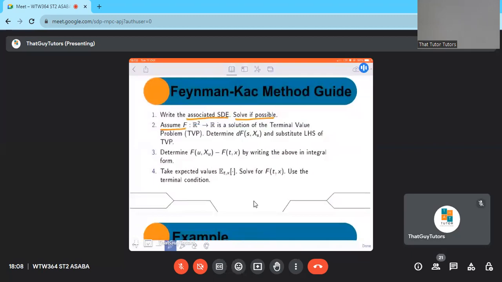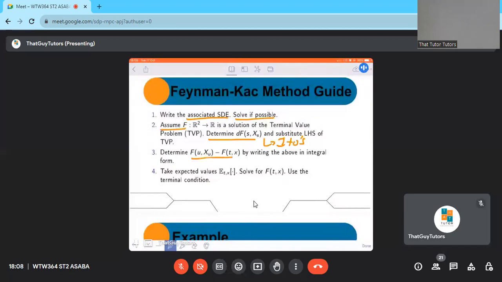And then you are going to use Ito's formula, and solve it using the direct method.